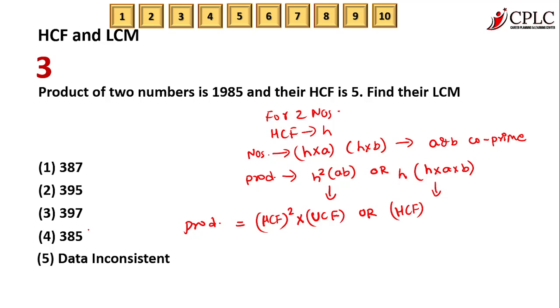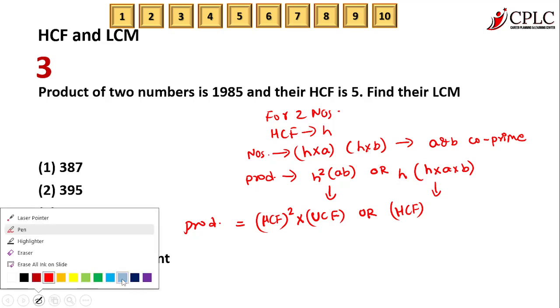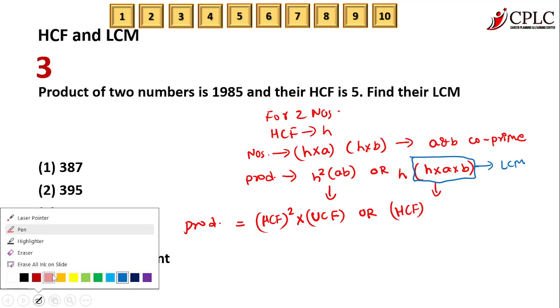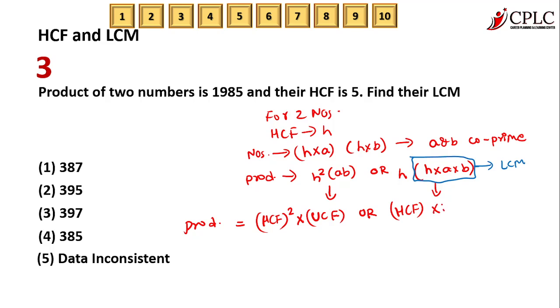If you multiply common and uncommon factors, what do you end up getting? So obviously you end up getting LCM, because common and uncommon factors combined together will give you LCM. So you have another formula for product of two numbers, which is HCF into LCM.